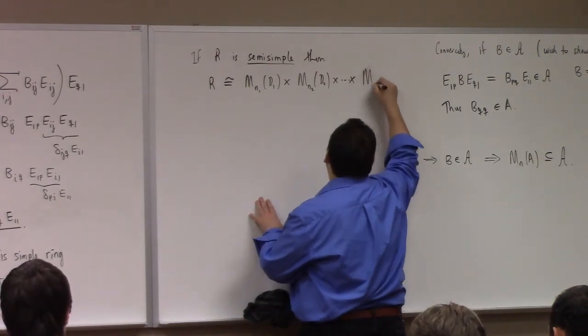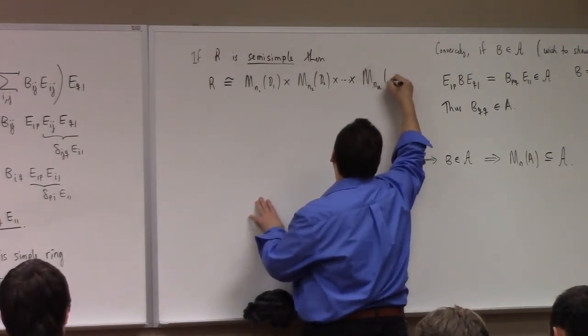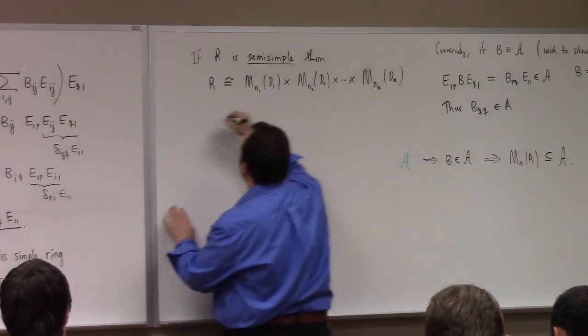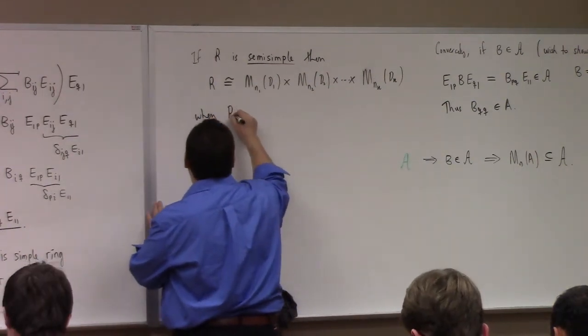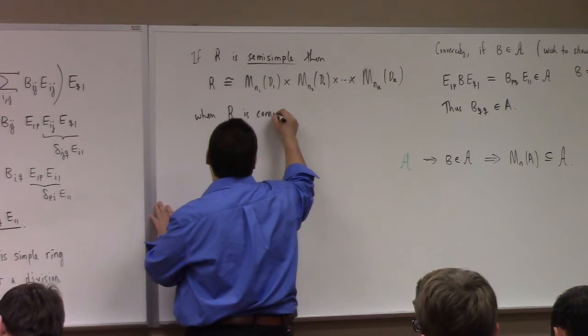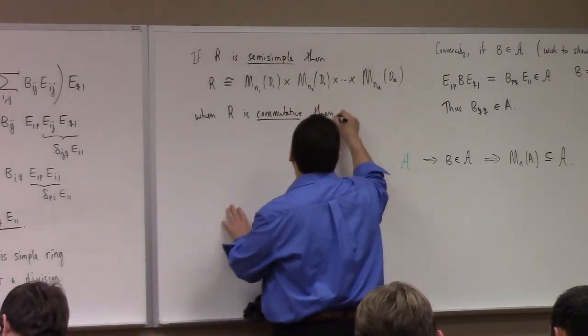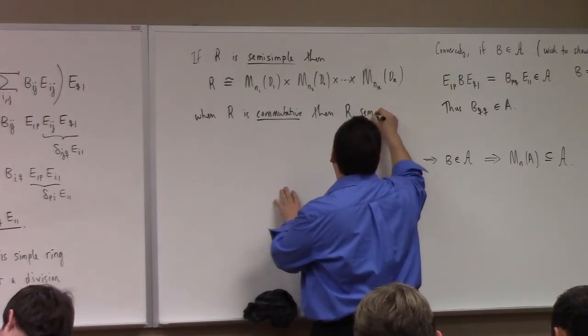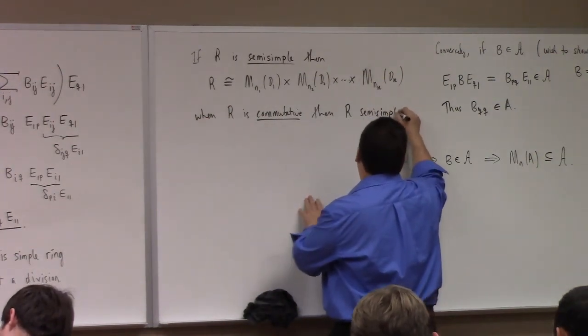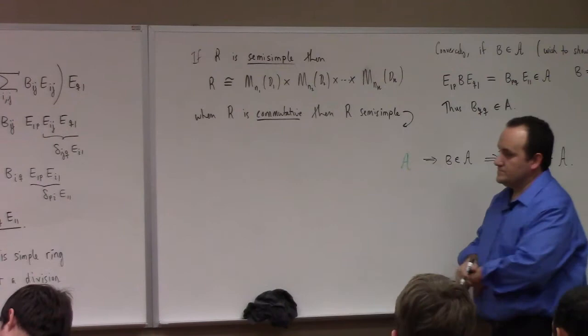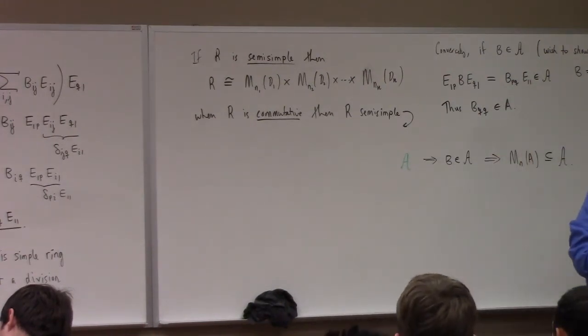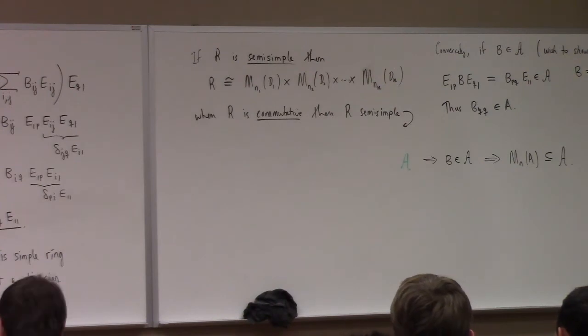And on the other hand, if you have a commutative ring, when R is commutative, then R semi-simple means what? What are the division rings?